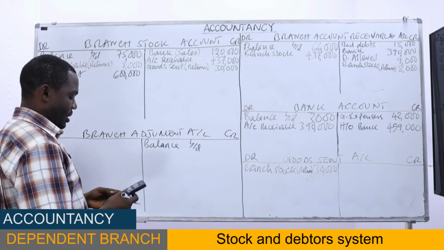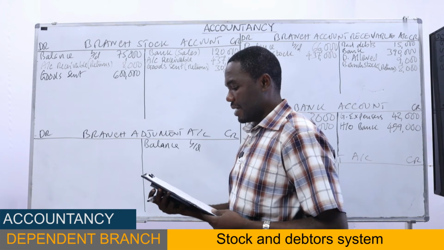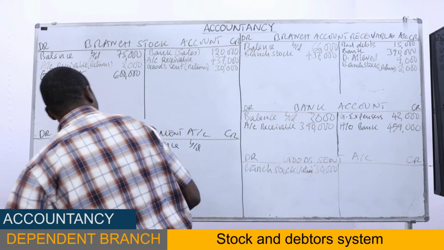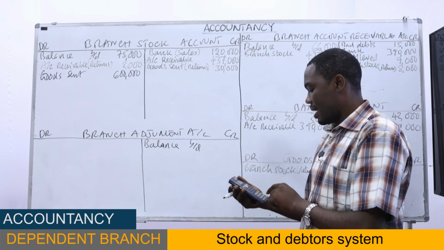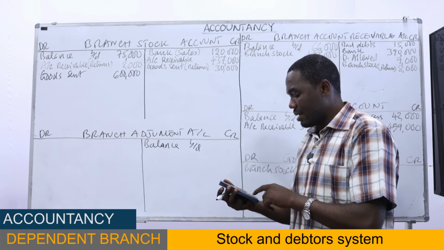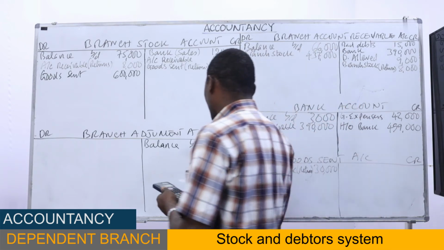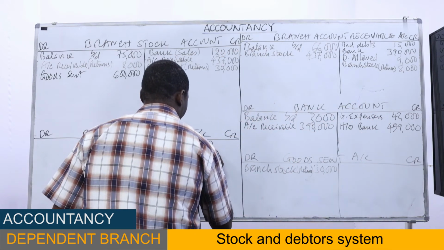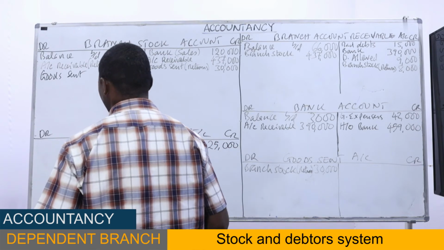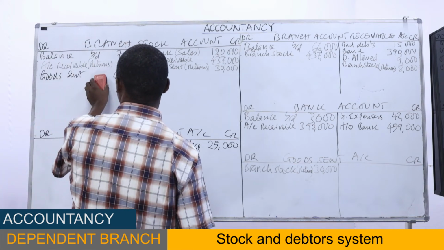If the opening balance was 75,000 and yet it was at transfer price, we need to use the same margin, which is 1 over 3. 75,000 times 1 over 3 is 25,000. So we write here 25,000. That was opening.